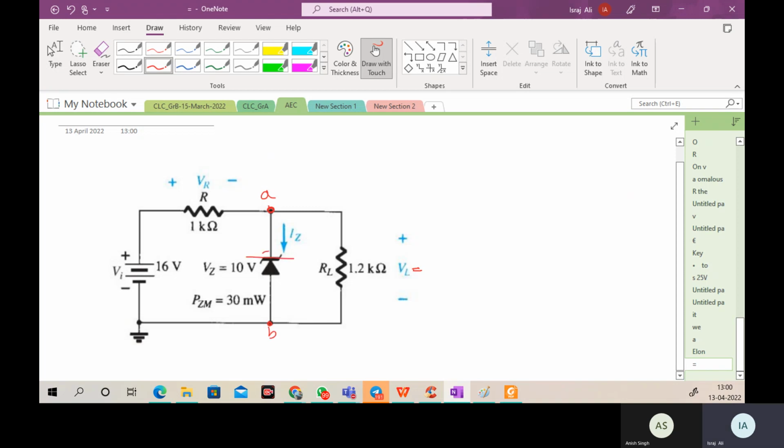The zener voltage is VZ. Now the zener is parallel with the load resistance RL, so the voltage of the load resistance will be equal to the voltage of the zener. So I can write VL is equal to VZ. Is that point clear to all of you?